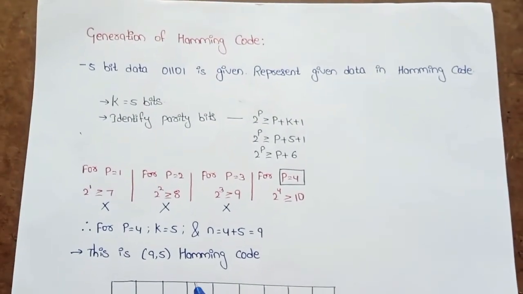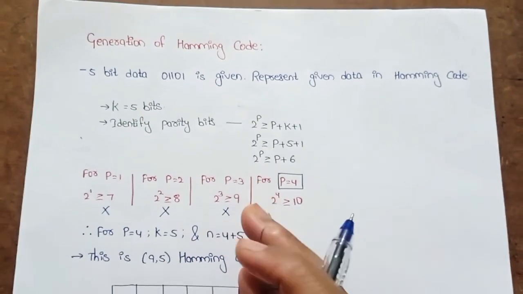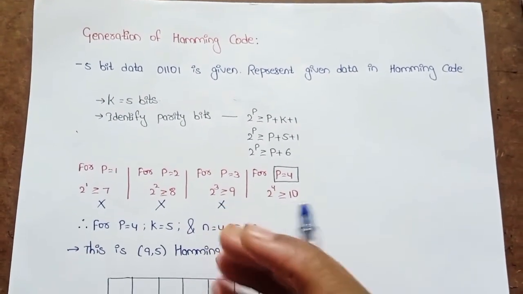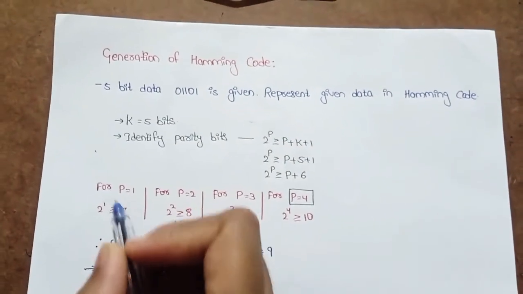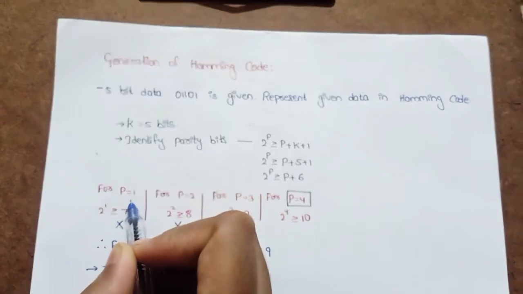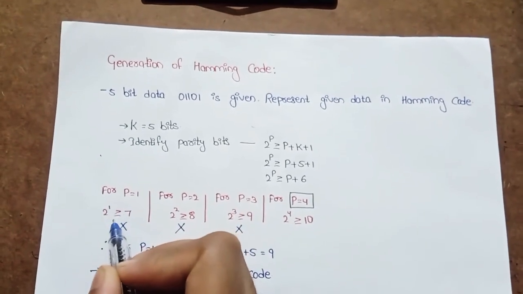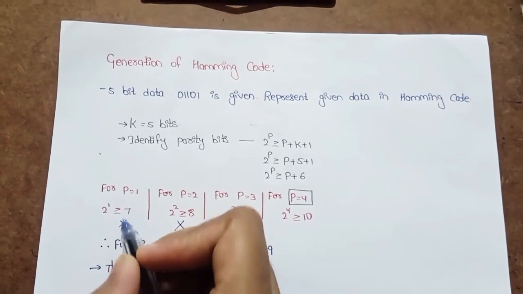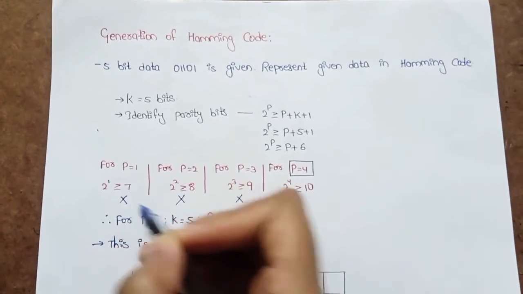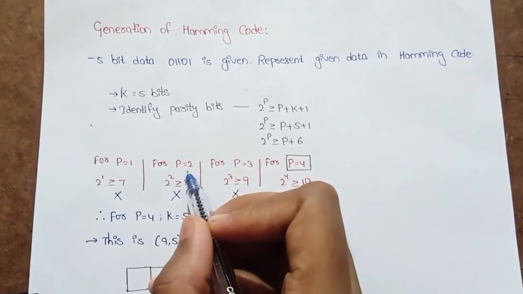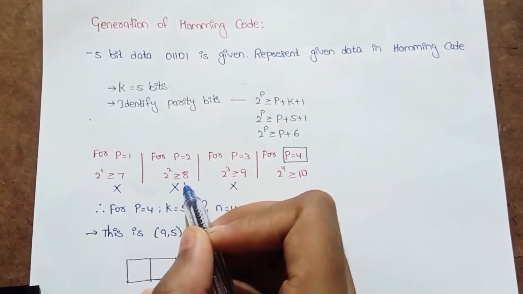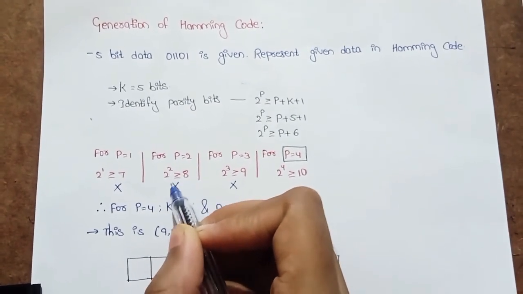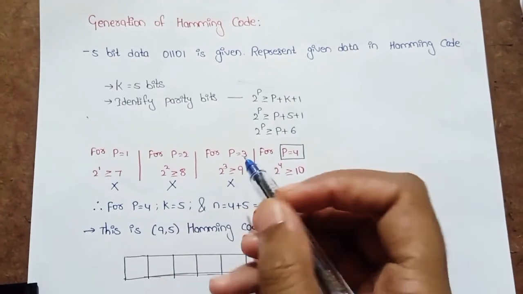Now we need to check all the possibilities. So I will check here. For p equals to 1, 2 power 1 is greater than or equals to 7. That means it is not satisfying the condition. For p equals to 2, 2 power 2 greater than or equals to 8, that is not satisfying the condition.